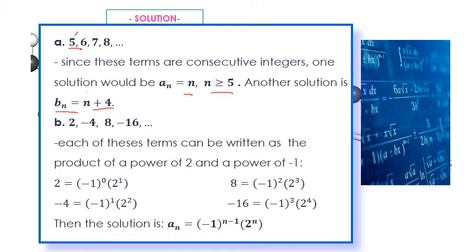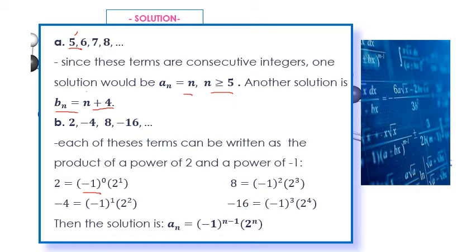So, take note kada perme nga if may ara ka alternating nga sign, it is multiplied by the power of negative 1. So, take note lang na kada perme. Kung may alternating ka nga sign, positive, negative, so that is power of negative 1.